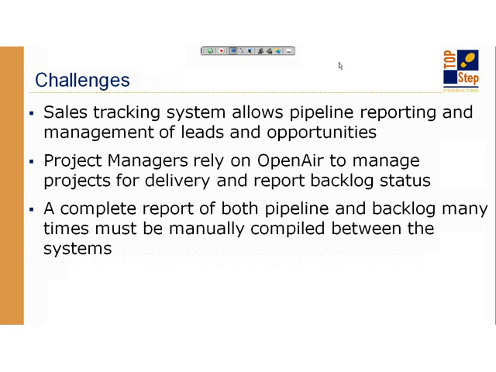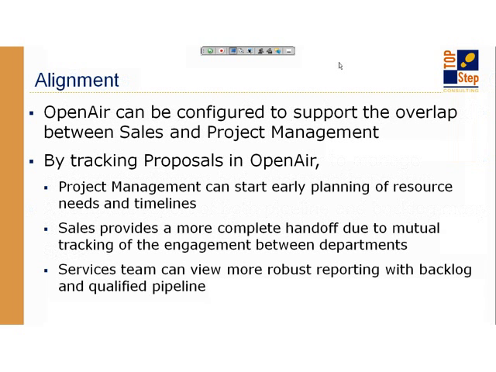But I'd like to see that, in the OpenAir system, project managers should be able to have early insight into what's coming as a project, and not just wait until a project is signed and then put into OpenAir. Have some kind of foresight so they can do some planning in the OpenAir system, and the proposal area is really the best way to do that.